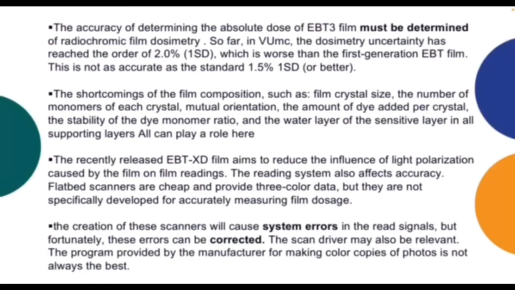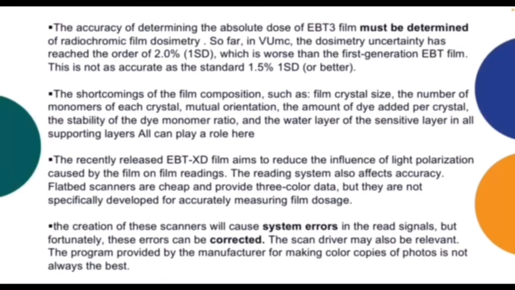The shortcomings of the film composition, such as film crystal size, the number of monomers in each crystal, mutual orientation, the amount of dye added to crystals, the stability of the dye-monomer ratio, and the water layer of the sensitive layer and the supporting layer, can all play a role here.